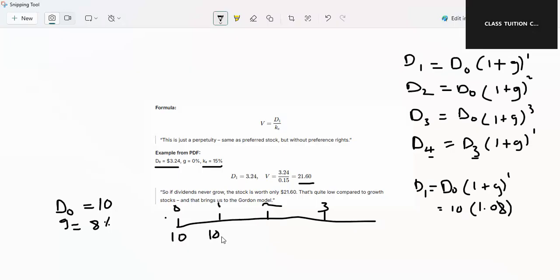Now mathematically, you can multiply the subsequent years by 1.08, since this is 8%. That's the easiest way: just multiply by 1.08 to get the next answer. If it was 12%, you'd have been multiplying by 1.12.